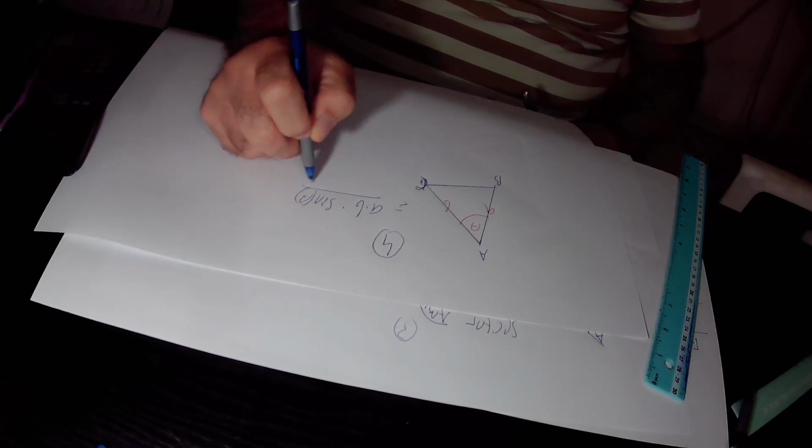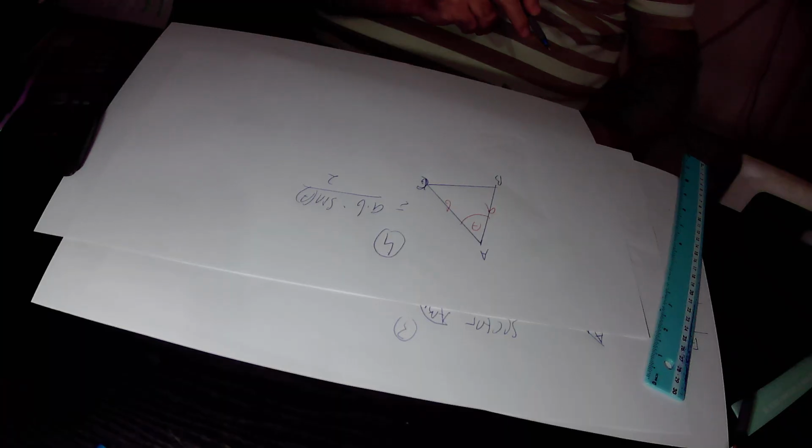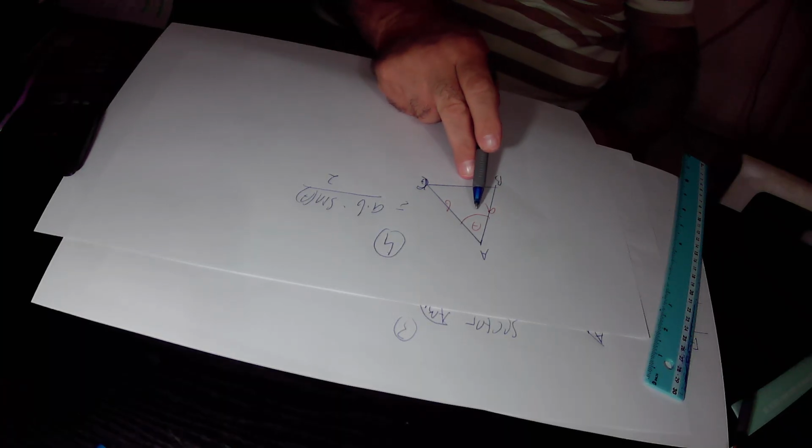Read again: the area of this triangle ABC, which could be any triangle, equals A times B times sine theta over 2.